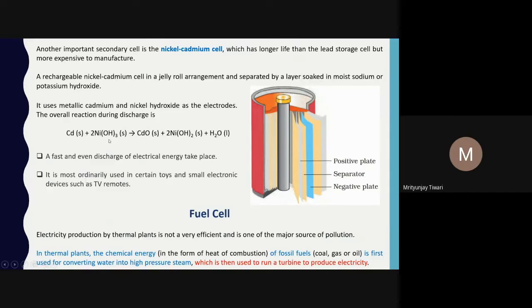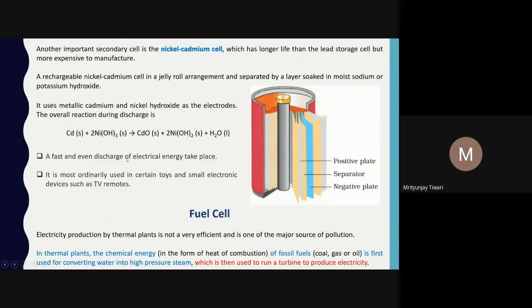And nickel hydroxide is working as the cathode because it is being reduced. Nickel goes from plus 3 oxidation state to plus 2 oxidation state, nickel dihydroxide, NiOH twice, plus a water molecule. This is the net reaction in the nickel cadmium cell.